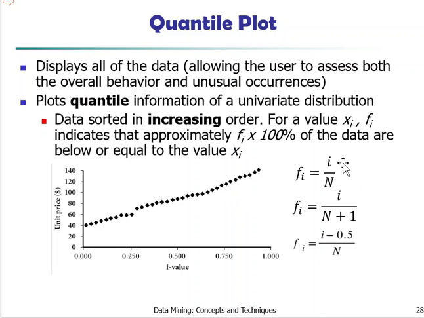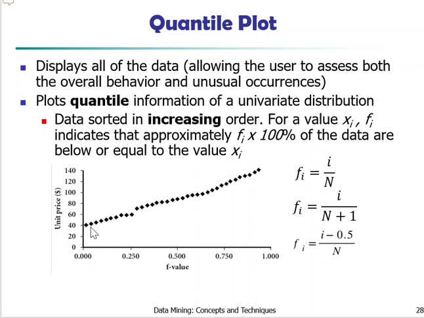So we can use this: 40 is our first value, divided by the total number of values we have. That will give us the percentage of the items that are below or equal to the value x, the first value, 40.